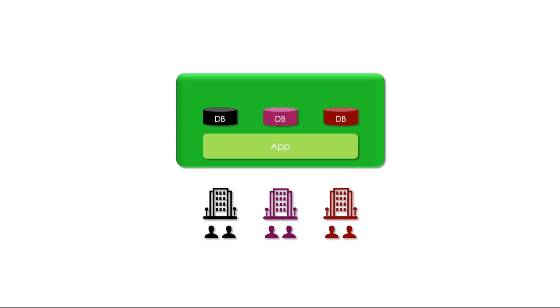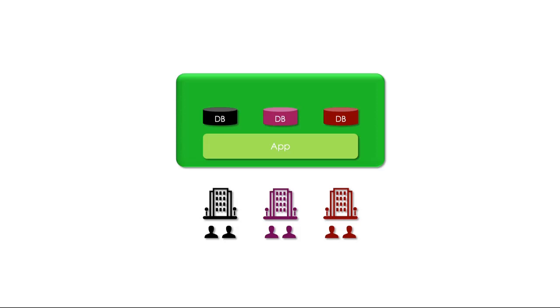And on the database layer, let's have a separate database for each of our customers. So for customer 1, we will have a separate database holding all his data. Same for customer 2 and customer 3. In this way, we are sure that customer 1 cannot access customer 2's database because they don't have access to it by default.